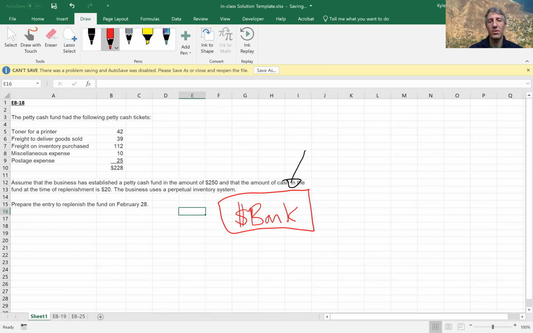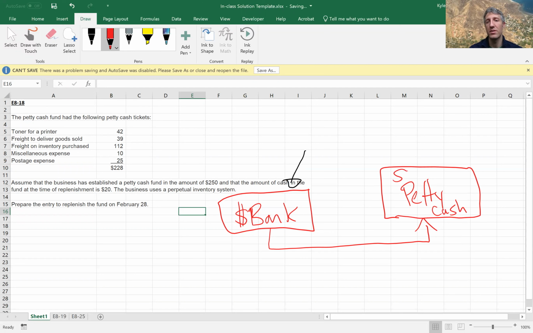Now, what they sometimes do is establish a petty cash fund. That means they withdraw money from the bank and put it physically in a box or an envelope. It's stored somewhere physically, and there's usually a petty cash custodian that's responsible for all of the expenditures out of this physical box.